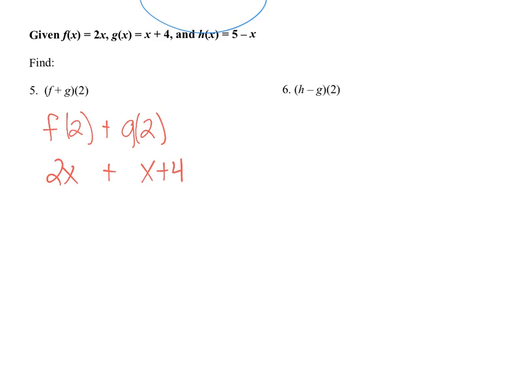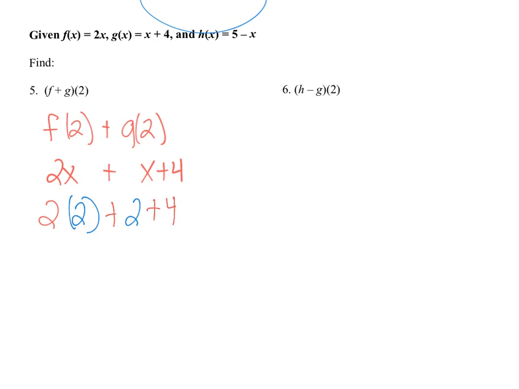Okay, so every time I see an x, I'm going to write a 2. Everybody see what I did? Anyone have questions? Please do not hesitate to ask.